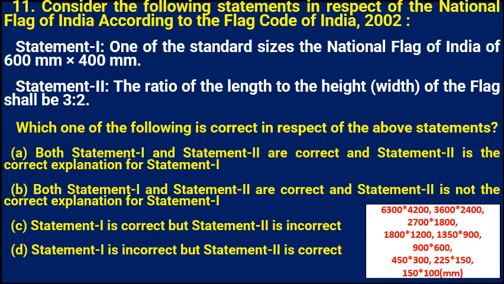It is incorrect statement because the standard size I mentioned here, there are 9 standard dimensions according to the Flag Code of 2002. Statement 2, the ratio of the length to the height of the flag shall be 3:2. Yes, this is the correct statement. So, answer is D. Statement 1 is incorrect, but statement 2 is correct.